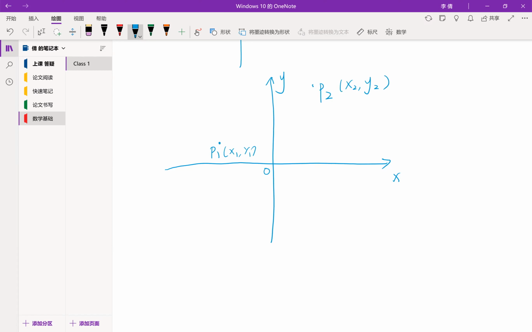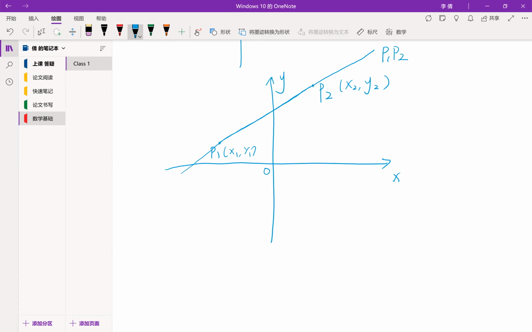What do the run and the rise mean? This is a line passing through P sub 1 and P sub 2, right? And this line is unique. We call this line P sub 1 P sub 2.